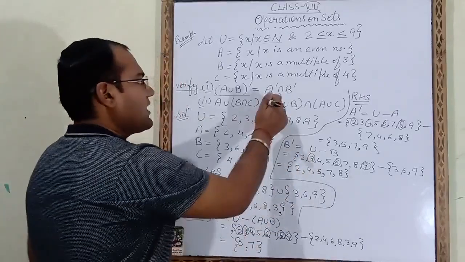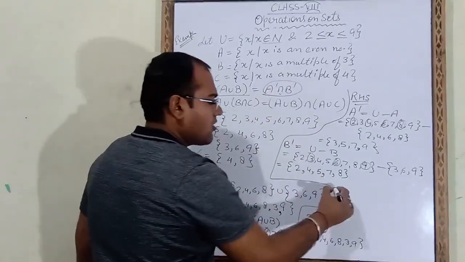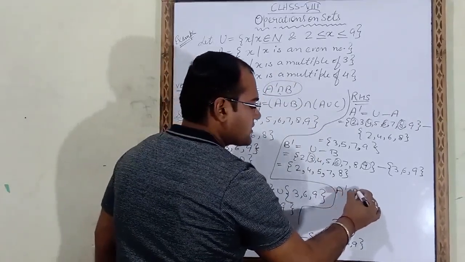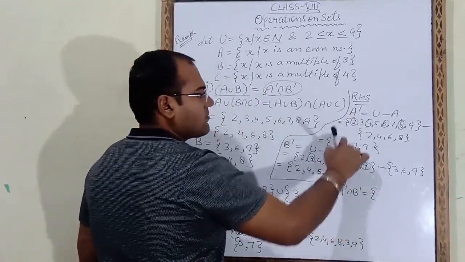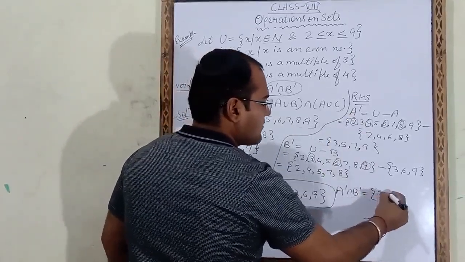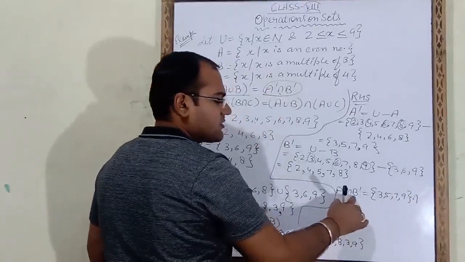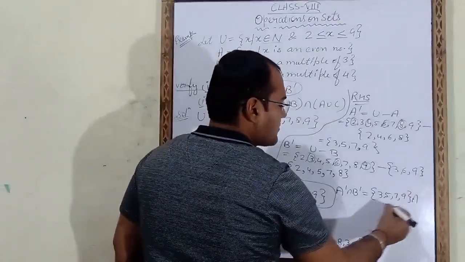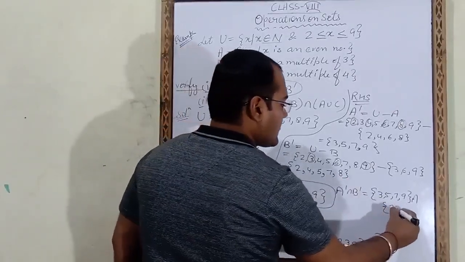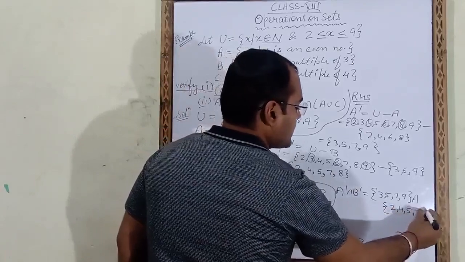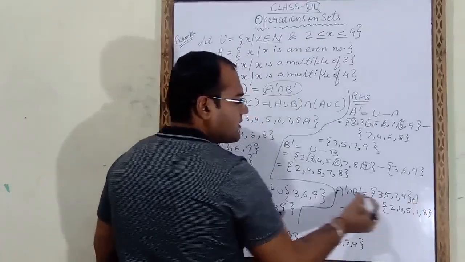Now what is the right hand side? Right hand side is A complement intersection B complement. Now we will find A complement intersection B complement. A complement answer is 3, 5, 7, 9. After that, intersection, B complement. B complement answer is 2, 4, 5, 7, 8. What sign is coming in between these two?